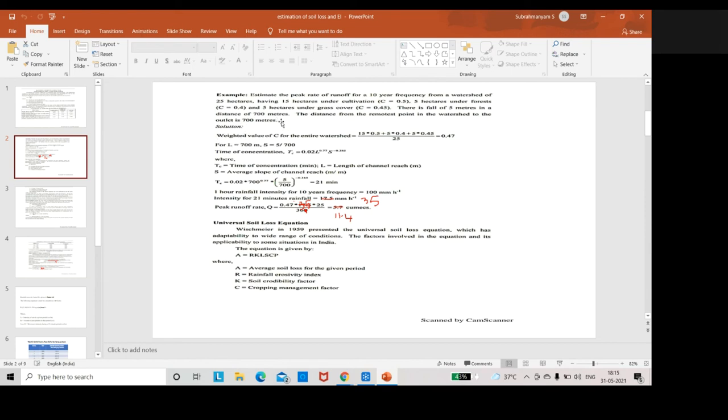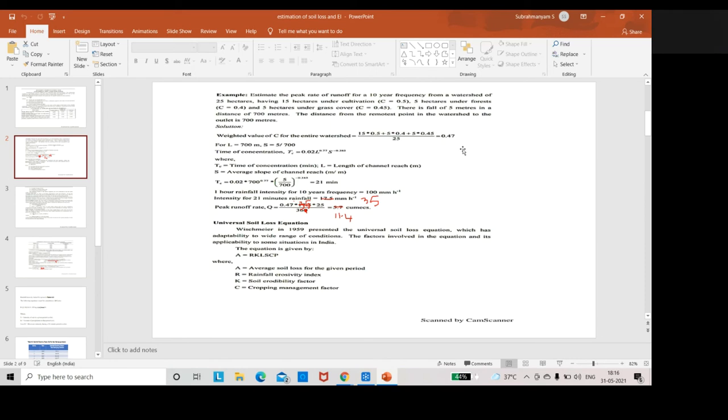Solution. Different C values are there, so we have to calculate the weighted average, that is the weighted value of C. 15 hectares has the 0.5 value, so 15 into 0.5, plus 5 hectares has 0.4, so 5 into 0.4, plus 5 hectares has 0.45, that is 5 into 0.45, divided by the catchment area, that is 15 hectares, 5 hectares and 5 hectares, so 25 hectares.